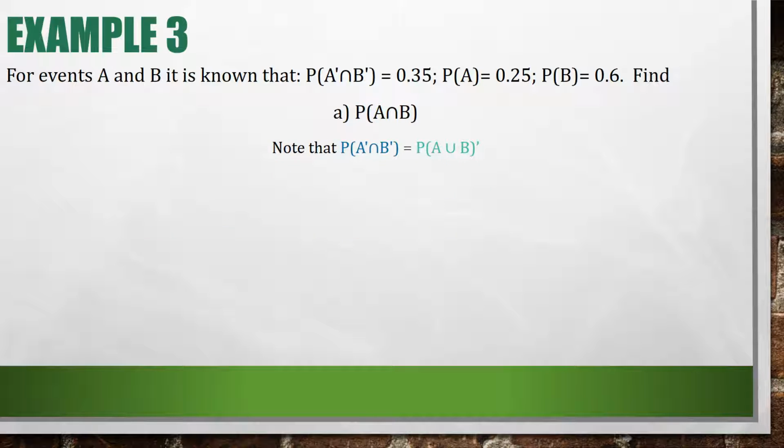So we need to find the probability of the union of A and B. One important thing to note is that the probability of the complement of A intersecting the complement of B is actually the same as the complement of the union of A and B. So we have to go back and look at the complement formula, which will help us find the union of A and B, which will lead us to the intersection of A and B. So we need to calculate this value here.